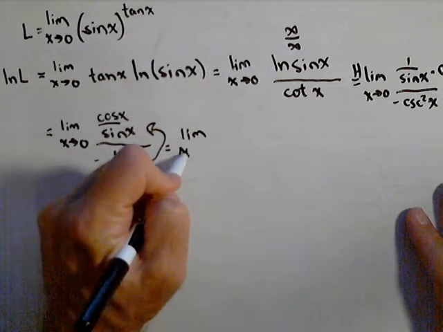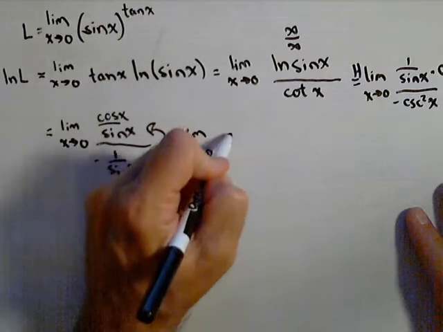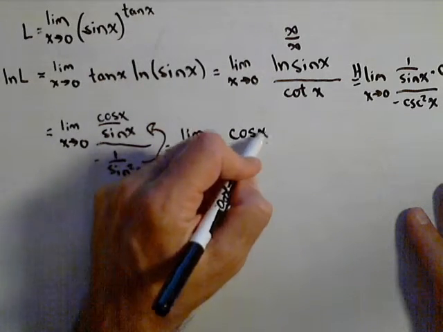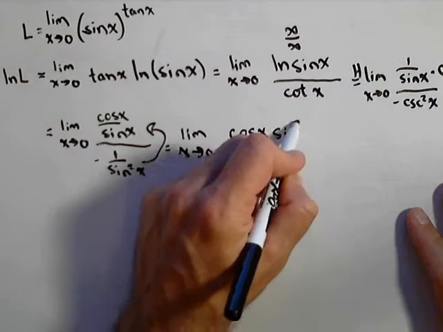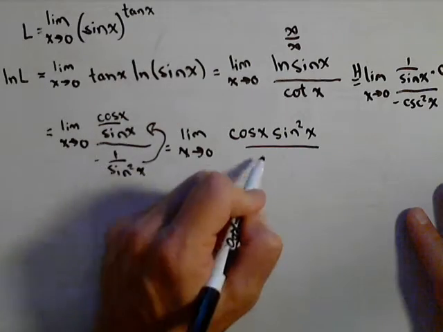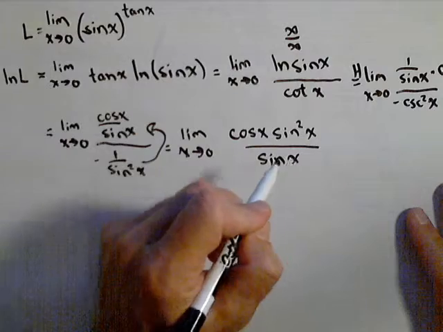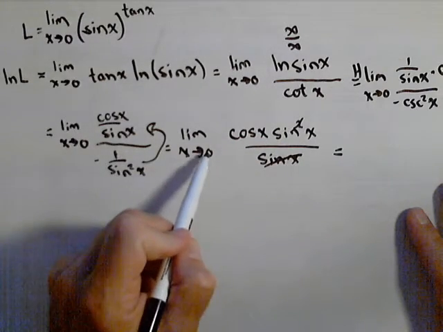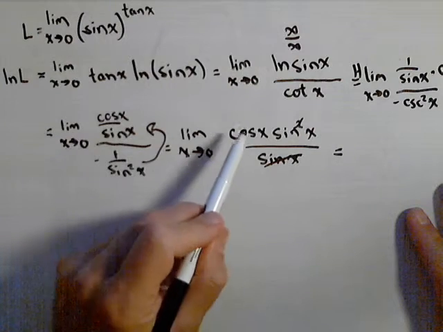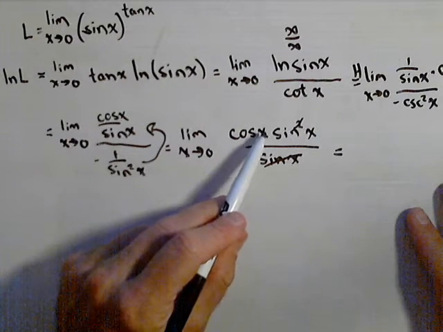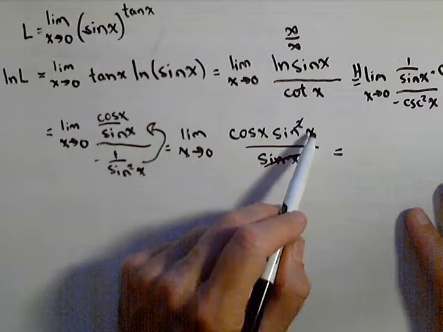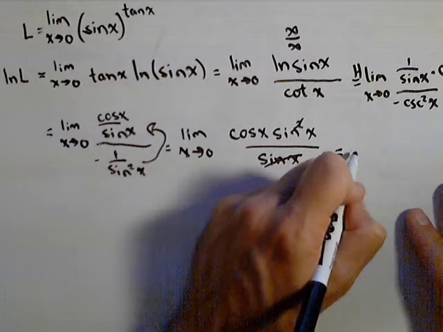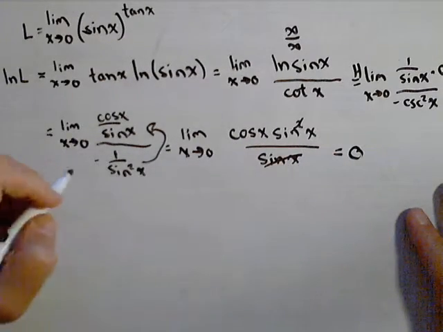So get the limit as x goes to 0 of cosine x sine squared x all over sine x. Cancel out one of those with the denominator. We can now plug and calculate the limit, because we have cosine of 0 times sine of 0, which is 1 times 0 or 0.